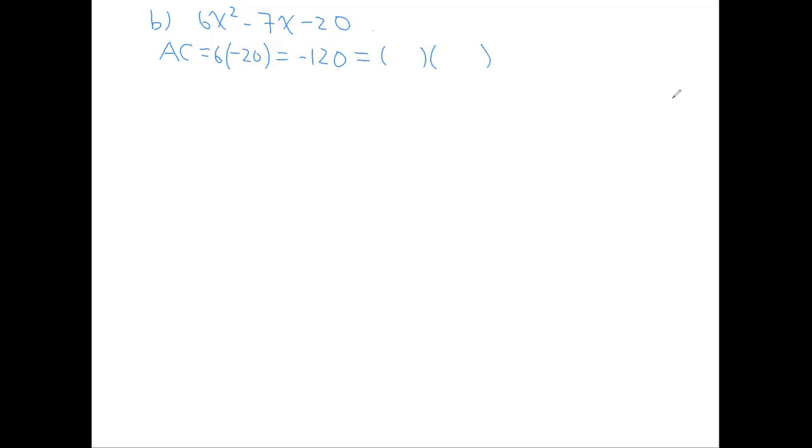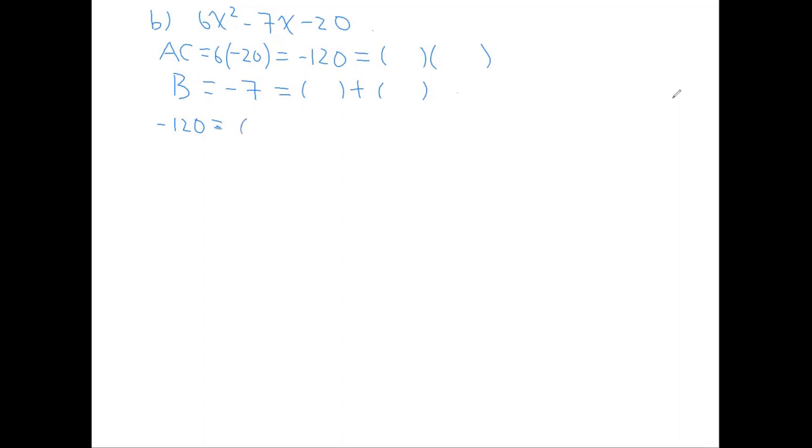Okay. Then b is negative 7, the negative 7x. And this is the sum of these two numbers. Since here we first factor this negative 120. Negative 120. So there are a lot of factorizations, right?